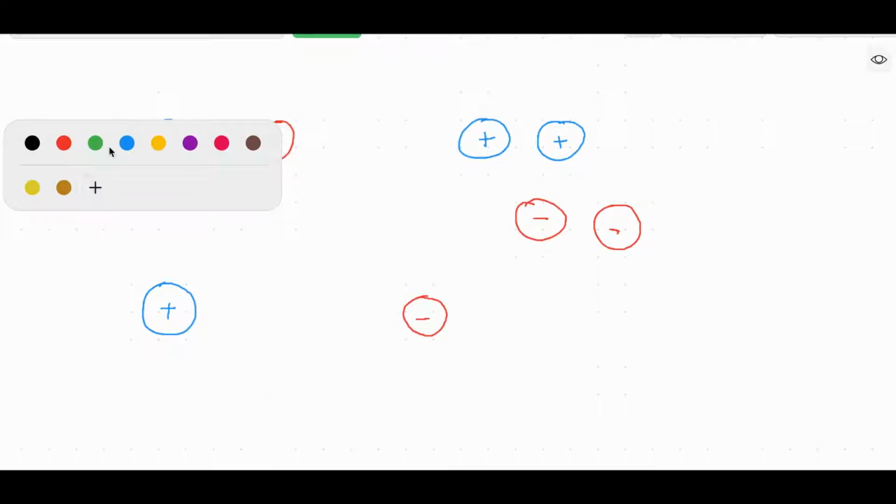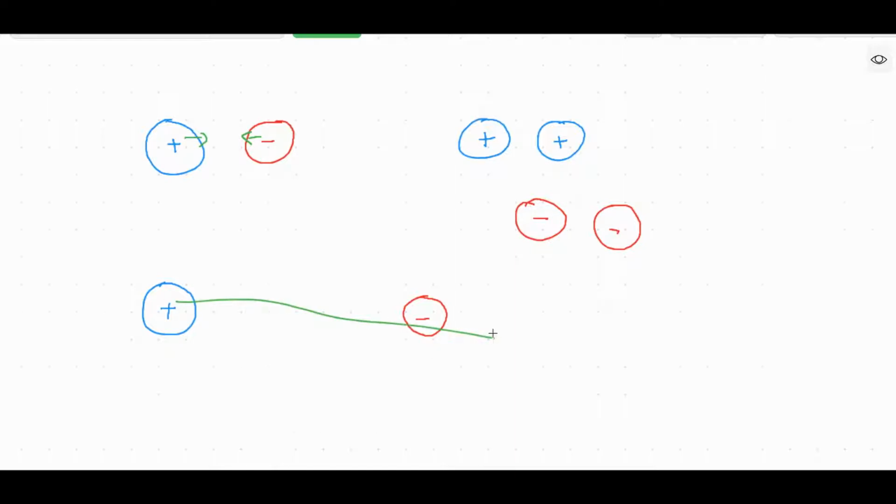However, if the magnitude of the force is a lot stronger, say with these it's just a little bit, with these the magnitudes of the forces a lot stronger, then they might actually be more attracted to each other than these two up here.